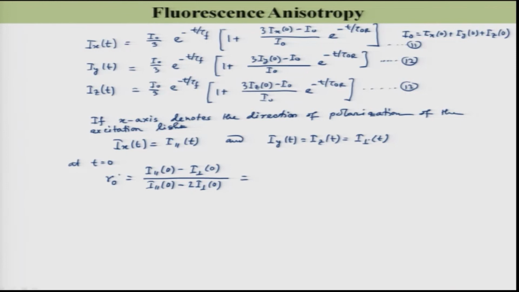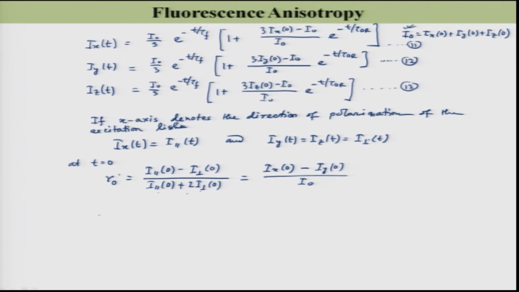So, here I x 0, and the perpendicular is either y or z, so I y 0 divided by I x 0 plus I y 0 plus I z 0, right. So, this is nothing but this I 0. So, this is equal to I 0, right.